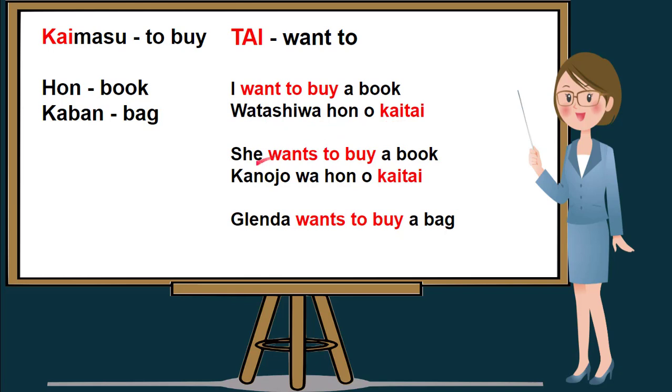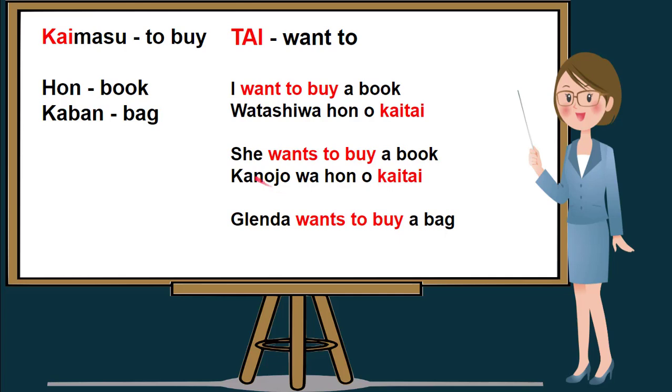Another example is she wants to buy a book. Again, we will be using kaitai, which means wants to buy, and a book, which is hon. And from our previous lesson, she is kanojo in Nihongo.